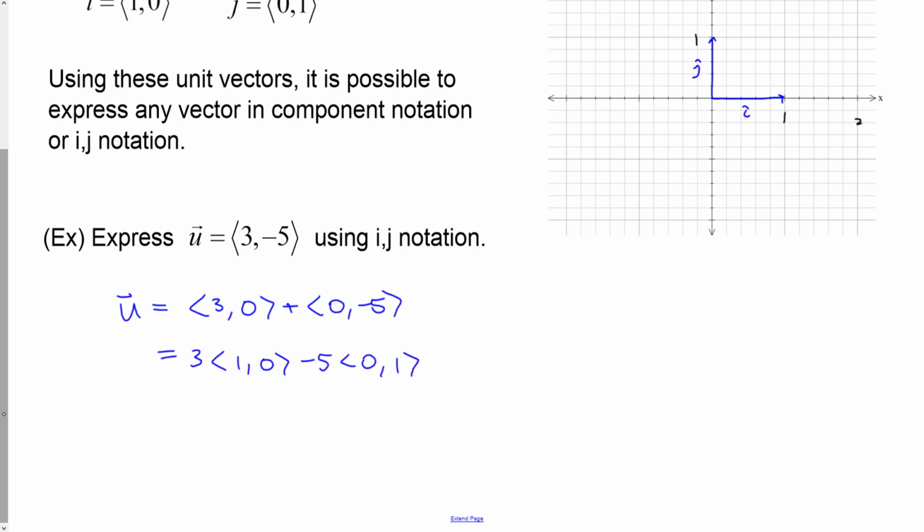And now substituting in I and j for the remaining vectors, I have 3i minus 5j. And so that's the exact same vector, just a different representation of it. So you can use the ij or you can use the component. It's up to you.